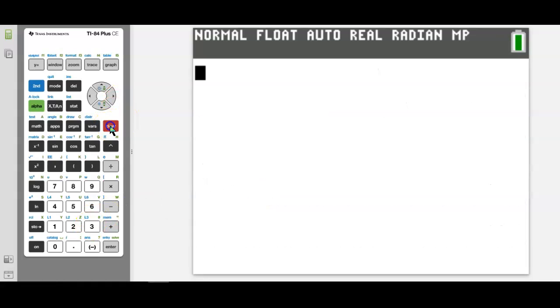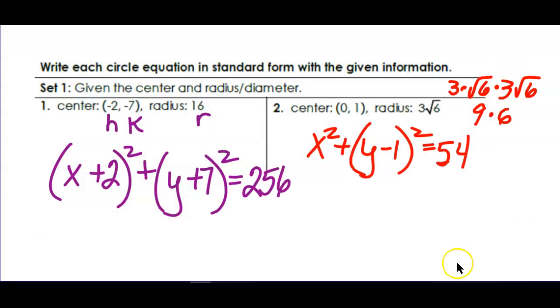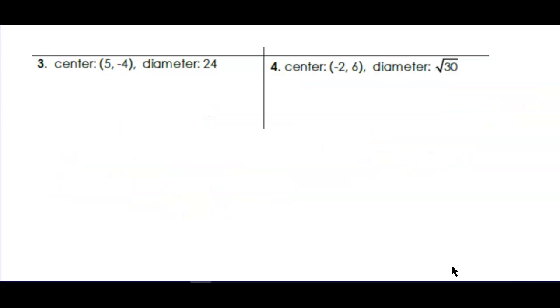So you'd have 3 square roots of 6, arrow over so that you're not in the box, and then square that quantity. Okay, and that's all it asks for, so I really don't care what the square root of 54 even is.